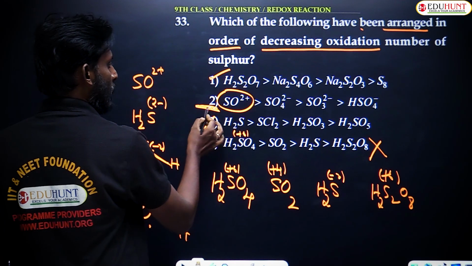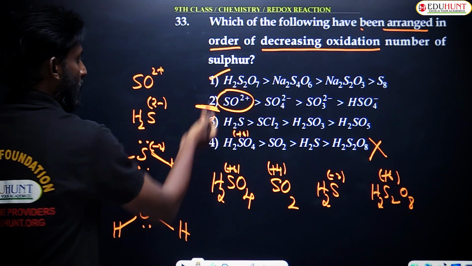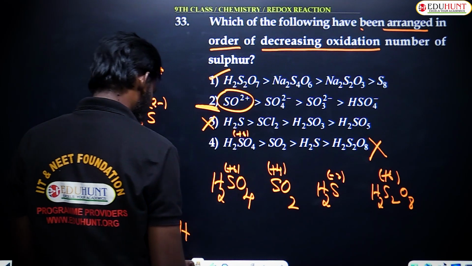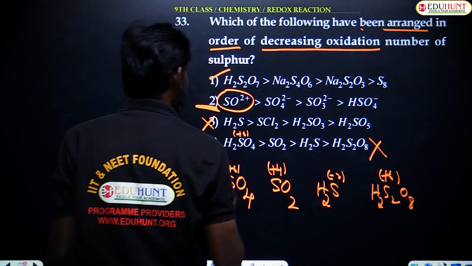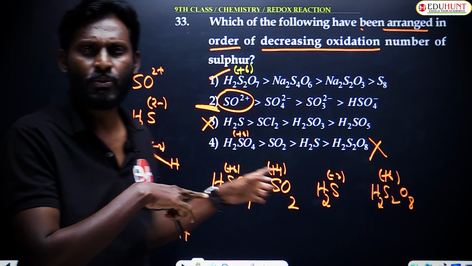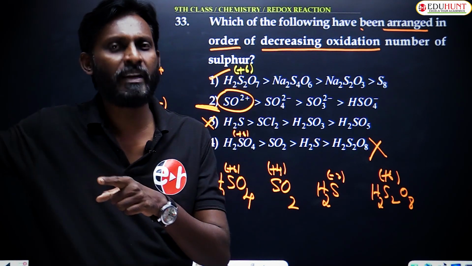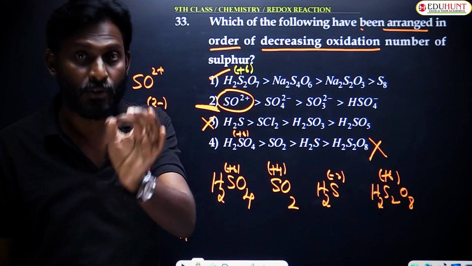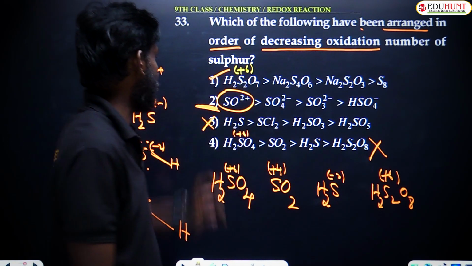If you hold the second option, then the first option we need to check. This is pyrosulfuric acid. In pyrosulfuric acid, the oxidation state of central atom sulfur is plus 6 only. In one of the previous questions, we came across this pyrosulfuric acid. In pyrosulfuric acid also, sulfur is in plus 6.